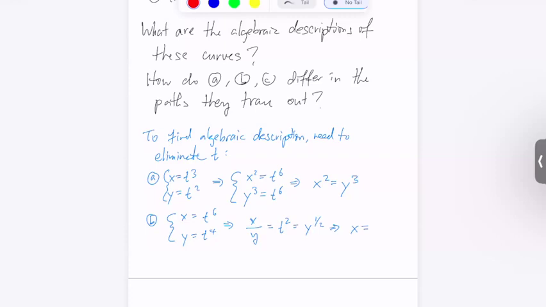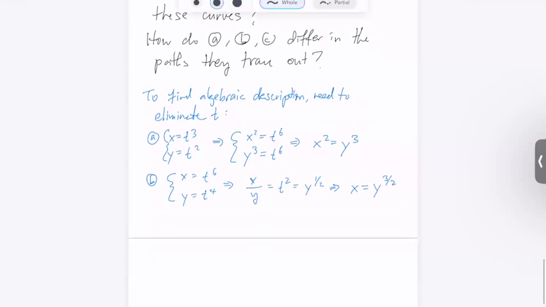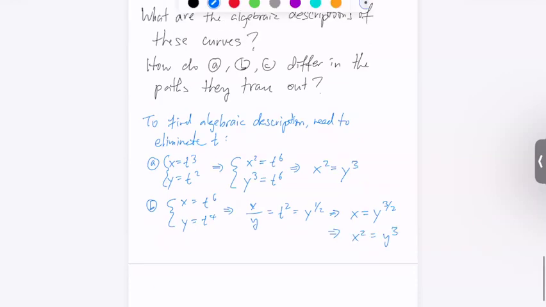Multiply both sides by y, and you get x is equal to y to the 3/2, which, if you square both sides, satisfies the same equation. And c, I'll leave you to check. They do the same thing.